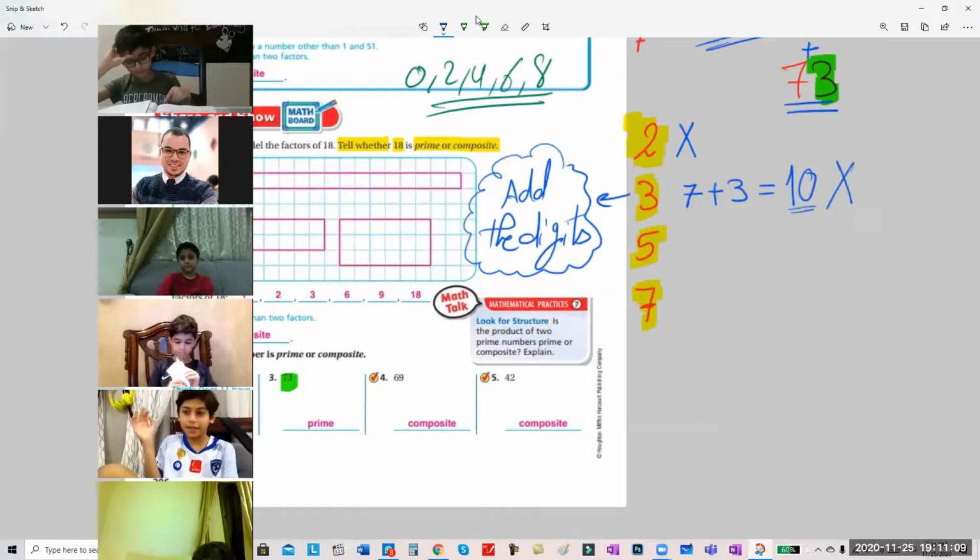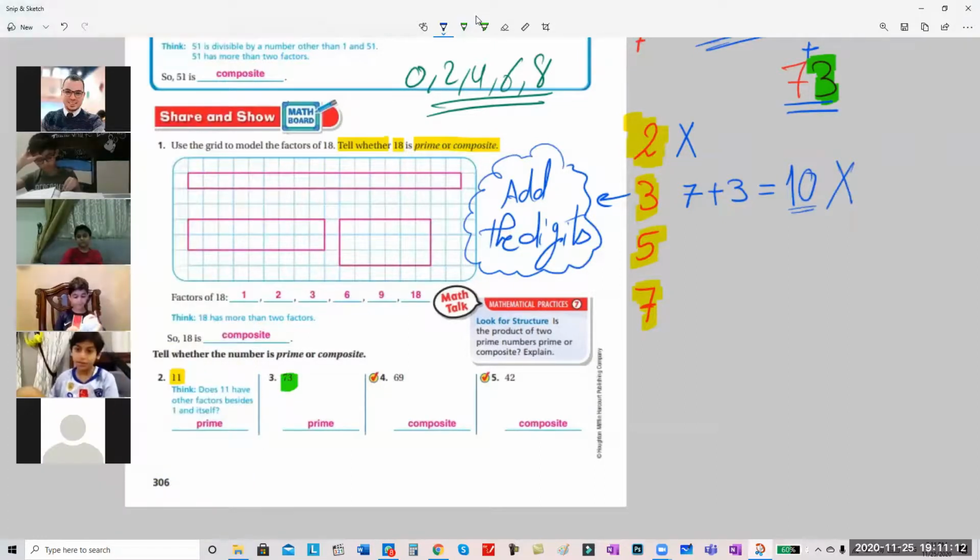Okay, Mahdi. What about 5? Can we divide 73 by 5, Mahdi? No. How can we know whether we can divide a number by 5?